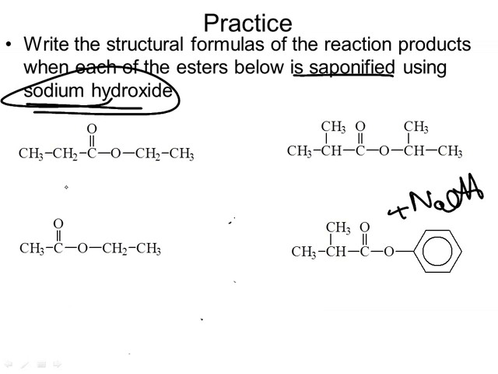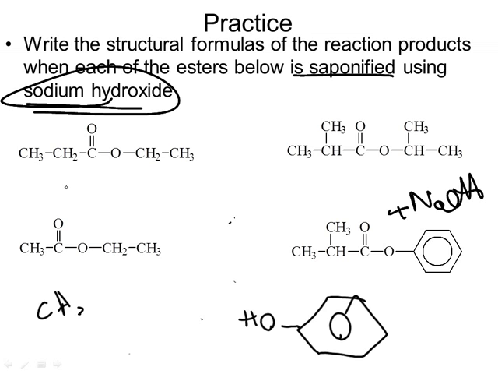And the final one, I'm going to get phenol, but I'm also going to get this carboxylate salt here. And there it is. And that's it. That's all I need. That's all you need to know.